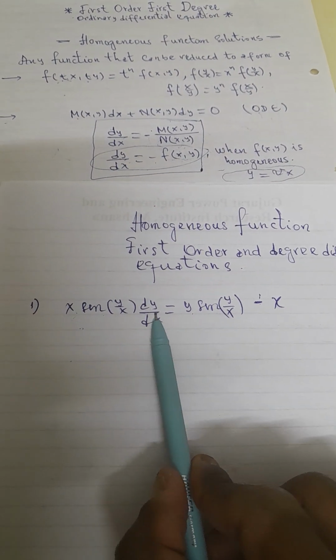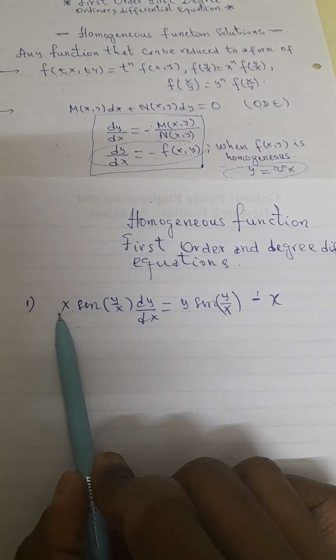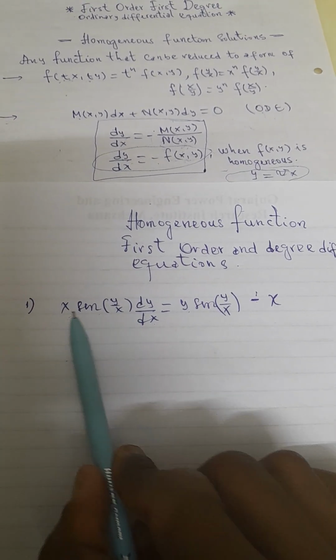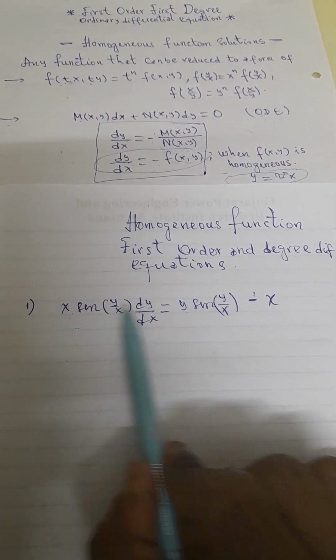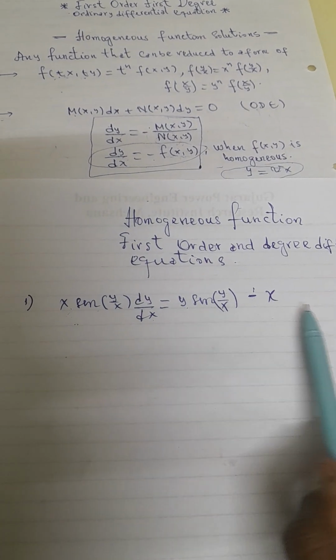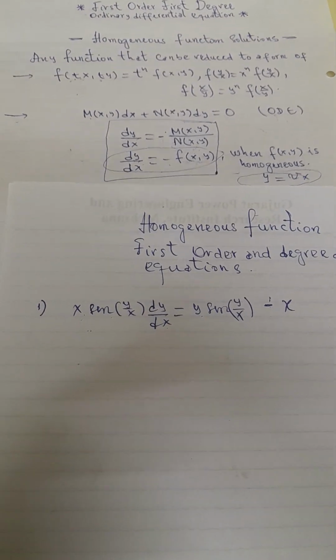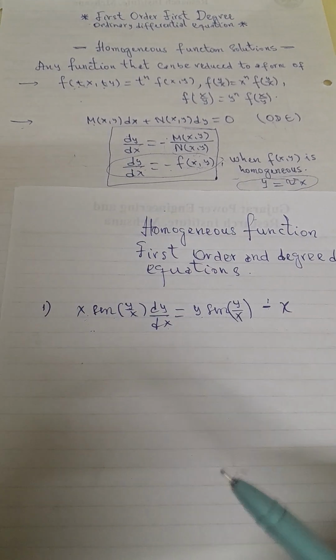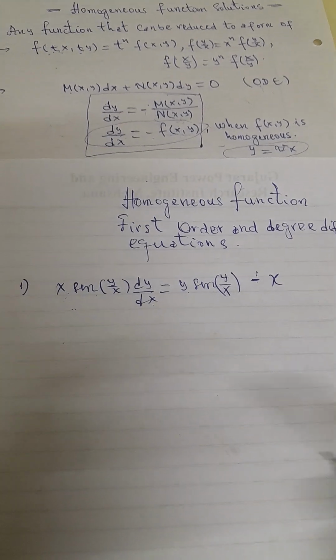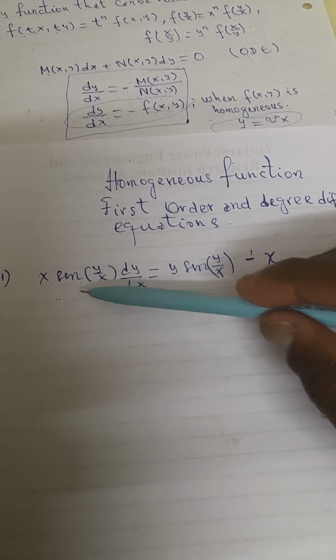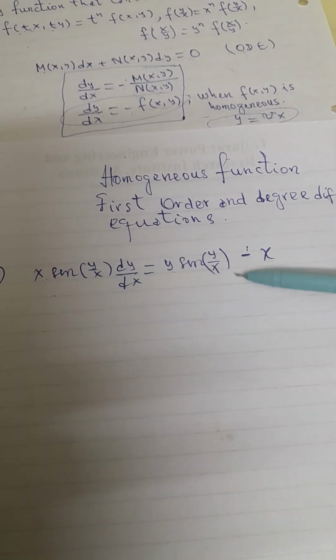If the degree of all the polynomial terms in this equation are the same, then we can say that this function is a homogeneous function.